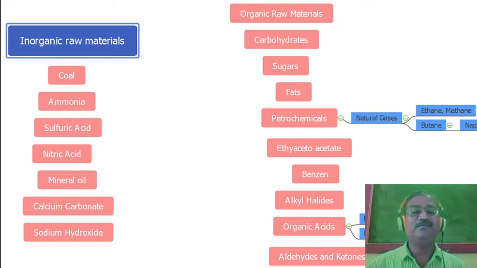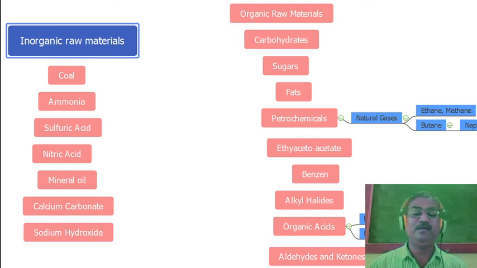Next, different types of alkyl halides are also a basic raw material which is used in various chemical industries for the purpose of alkylation, manufacture of alkyl derivatives of benzene, and different types of acids are also manufactured by using alkyl halides. So as chemists, we are much more familiar with these alkyl halides. Then next, different types of carboxylic acids or organic acids are also used as synthetic organic raw materials.